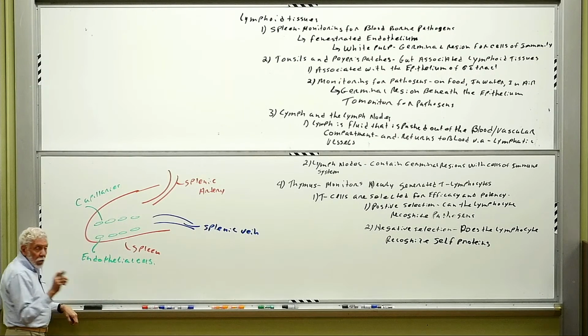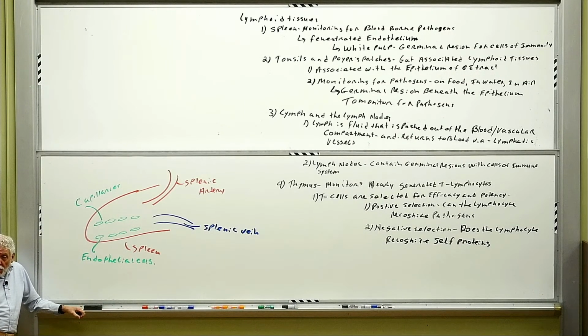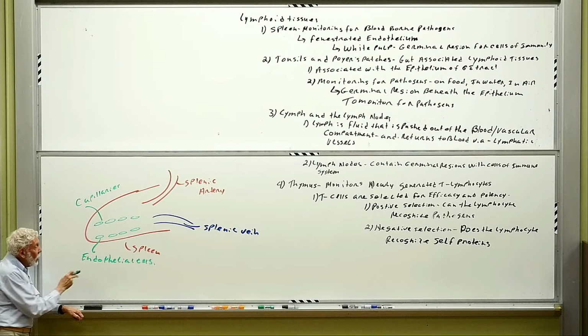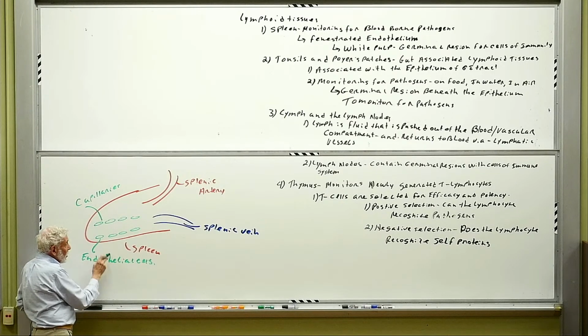In most capillaries, the endothelial cells are very close to one another and don't let large molecules pass. We'll talk about that when we talk about lymph. We mentioned that idea when we talked about hemodynamics. But here, the endothelial cells are widely spaced.